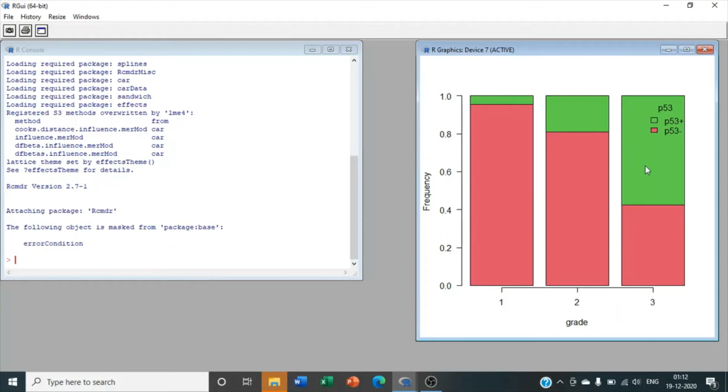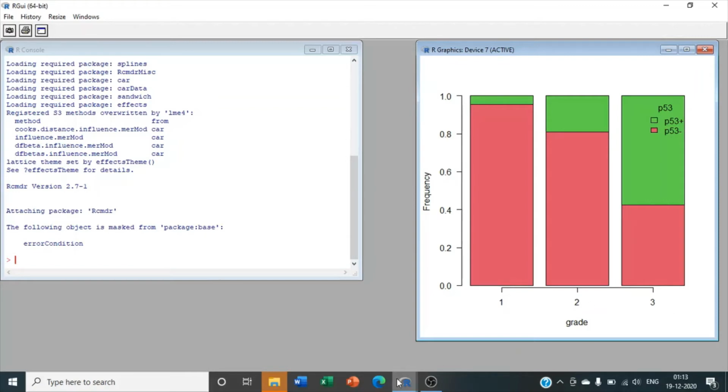They increase progressively. The proportion of P53 mutant cases in grade 2 cancers is higher than that of grade 1 cancers. But for grade 3 cancers, the proportion of P53 mutant cancers is even higher than grade 2. There's a clear-cut relationship over here of progressive increase of the P53 mutant status as the grades increase from 1 on to 2 on to 3.